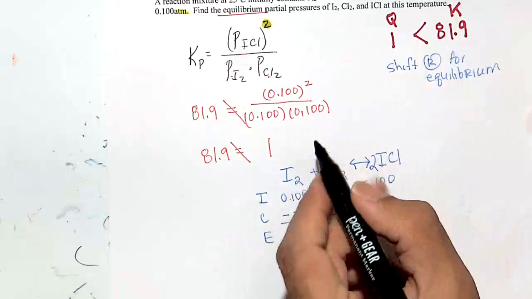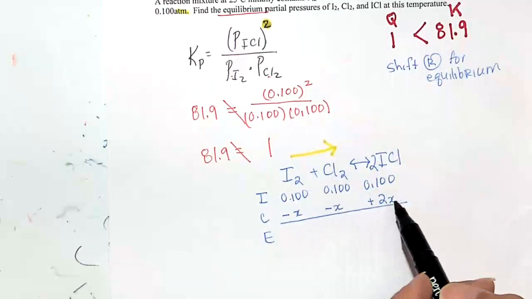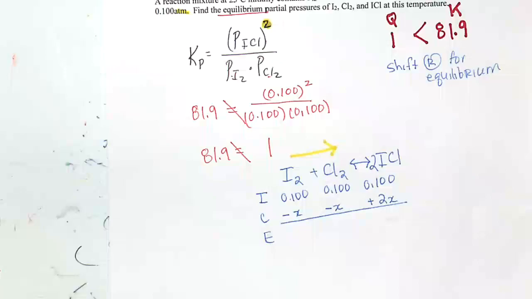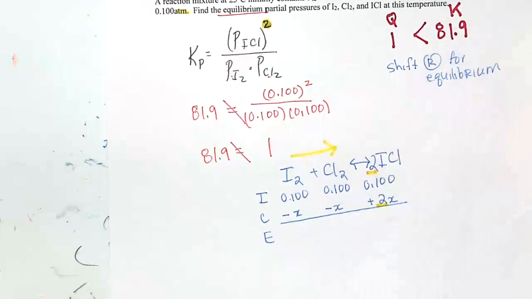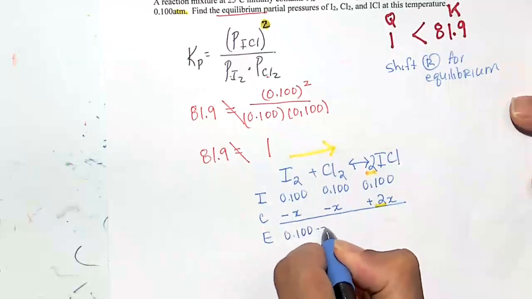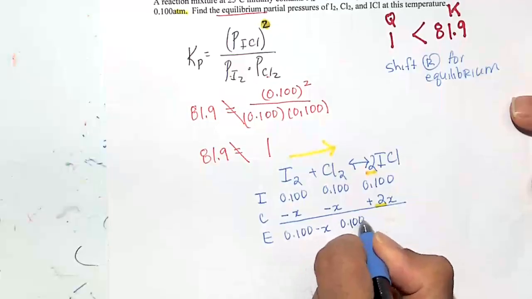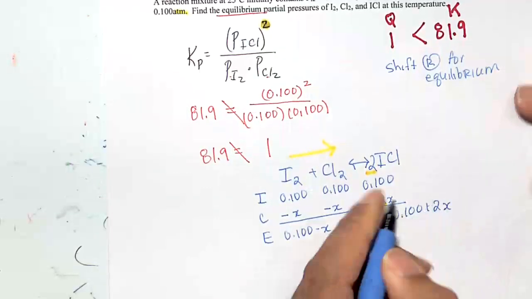So it's going to shift to the right because of the gator rule. And it's plus 2x because of the 2 there. So at equilibrium, this is 0.100 minus x, 0.100 minus x, and this is 0.100 plus 2x.